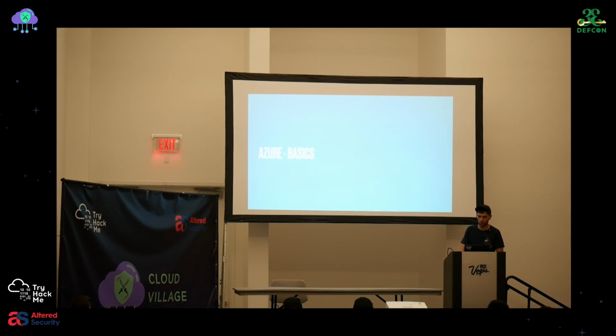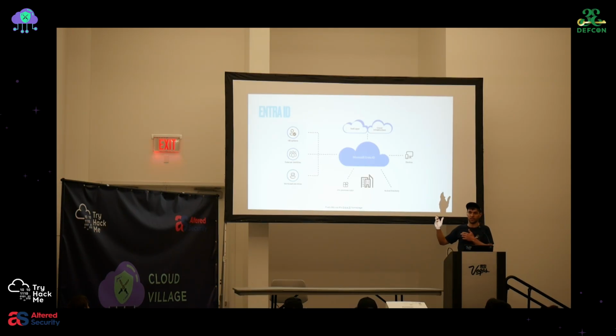Okay, cool. So in terms of the Azure basics, let's start off with Entra ID. This is on the homepage of the Entra ID website. This is how Microsoft wants you to think about Entra ID at a high level. It's really like their identity provider in Azure. You can attach up human identities, be that your own users or external users.